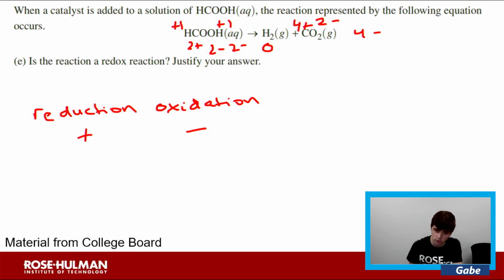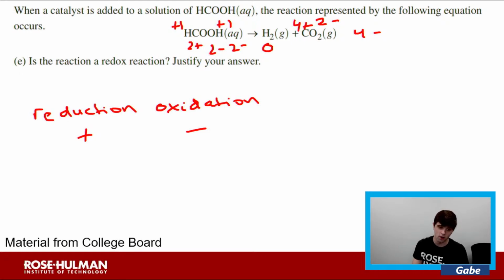So we can see that our hydrogen went from +1 to 0, which means it accepted an electron, and our carbon went from 2+ to 4+, meaning it lost electrons, because when you lose something negative, it becomes more positive.